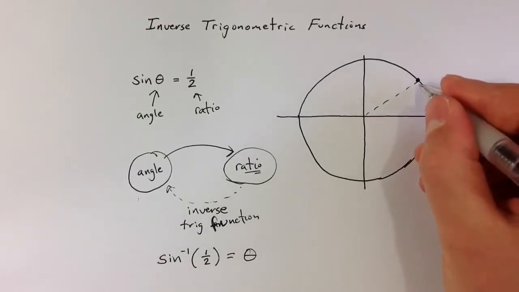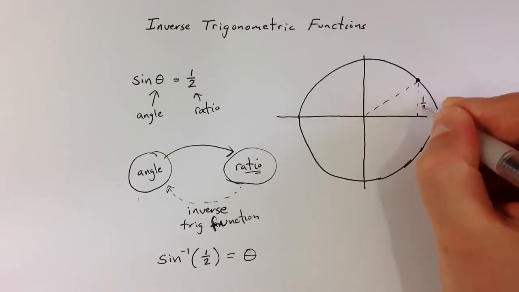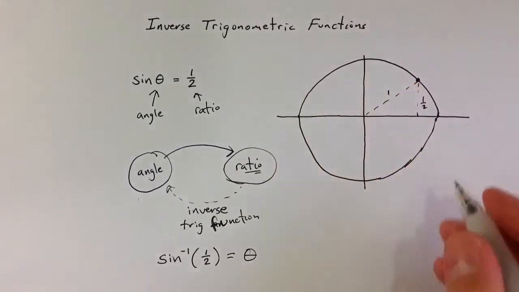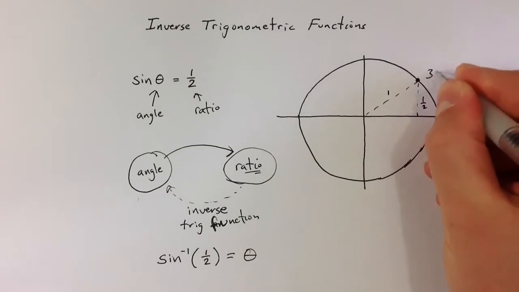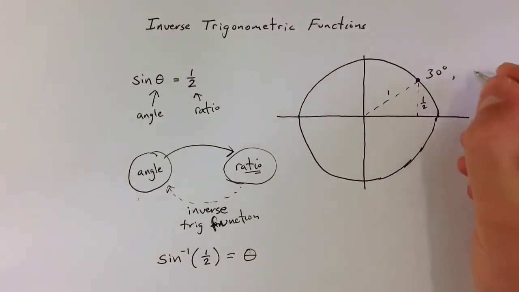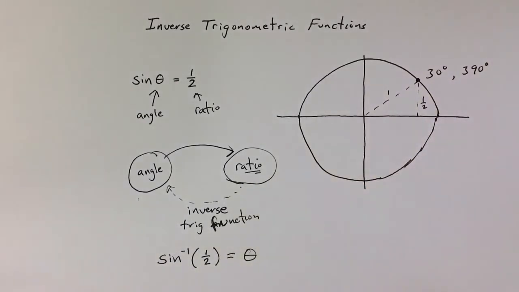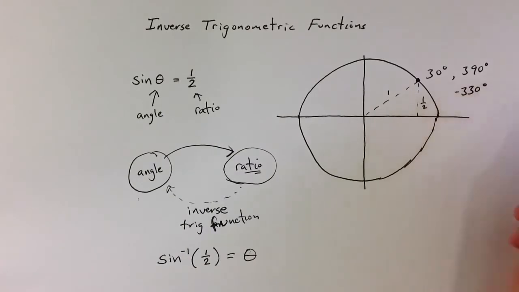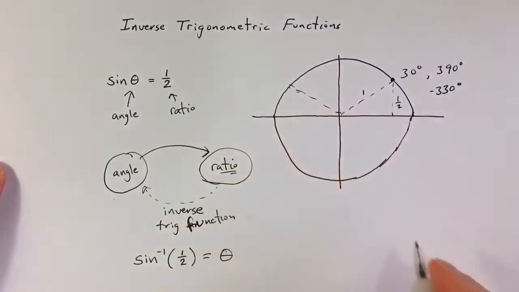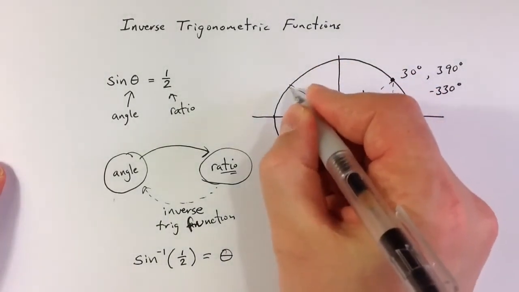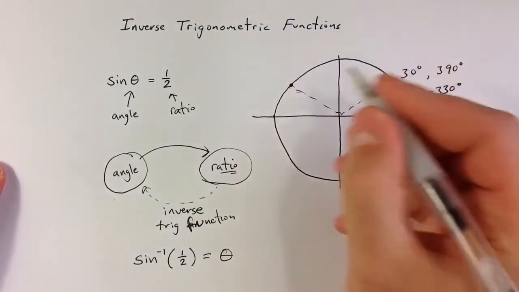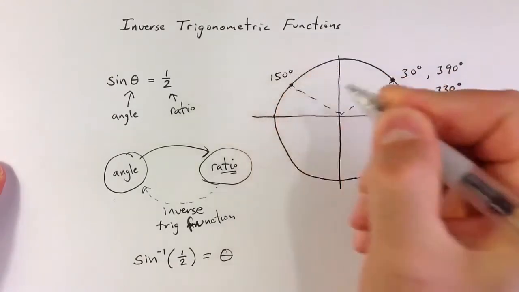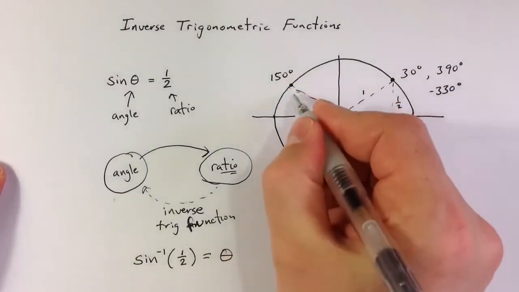So this point would give us a sine ratio of 1/2 on the unit circle, and it corresponds to a 30-degree angle, but also to a 390-degree angle if I go a full rotation beyond 30 degrees. If we go in the negative direction, it could be negative 330 degrees. And what's more, we could even get a sine ratio of 1/2 by looking over in quadrant 2 at 150 degrees. So all of these angles have a sine ratio of 1/2.